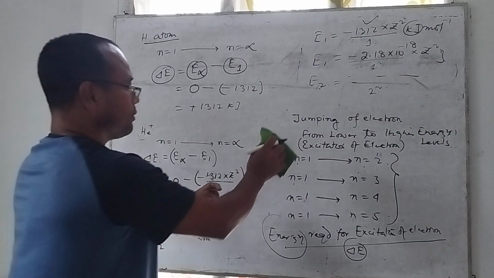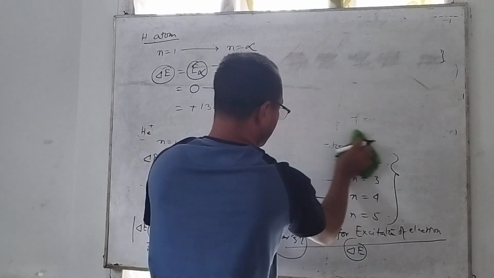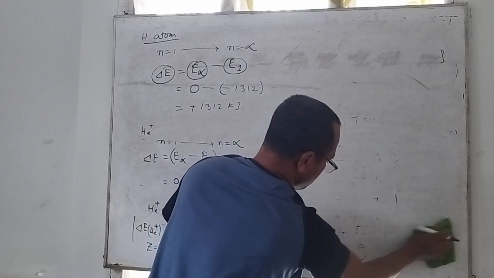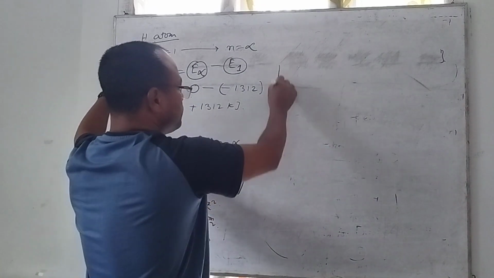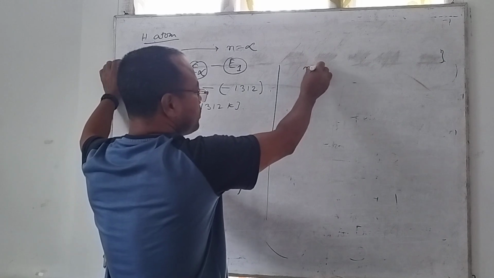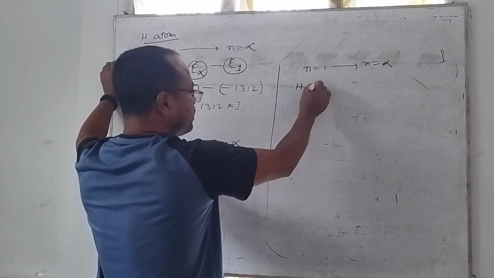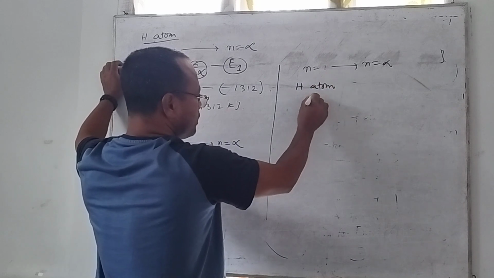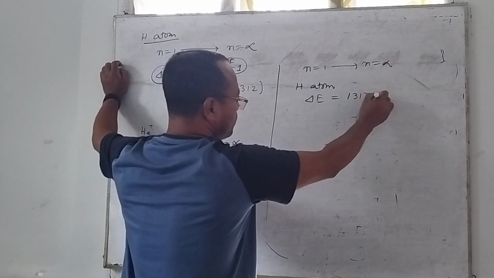See how much we can find out here. For the same excitation, n equals 1 to n equals infinity, for the hydrogen atom, the energy required was 1312 kilojoule.